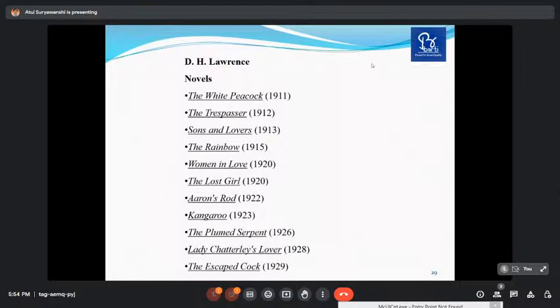The White Peacock, which he published in 1911, The Trespasser in 1912, Sons and Lovers in 1913, The Rainbow in 1915, Women in Love in 1920, The Lost Girl in 1920 again, Aaron's Rod in 1922, Kangaroo in 1923, The Plumed Serpent in 1926, Lady Chatterley's Lover in 1928, and The Escaped Cock in 1929 are the select prominent works written by D.H. Lawrence.